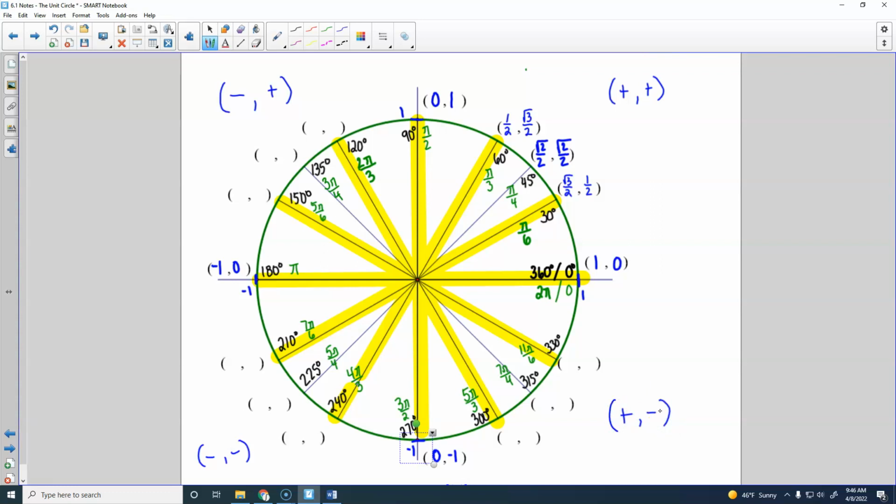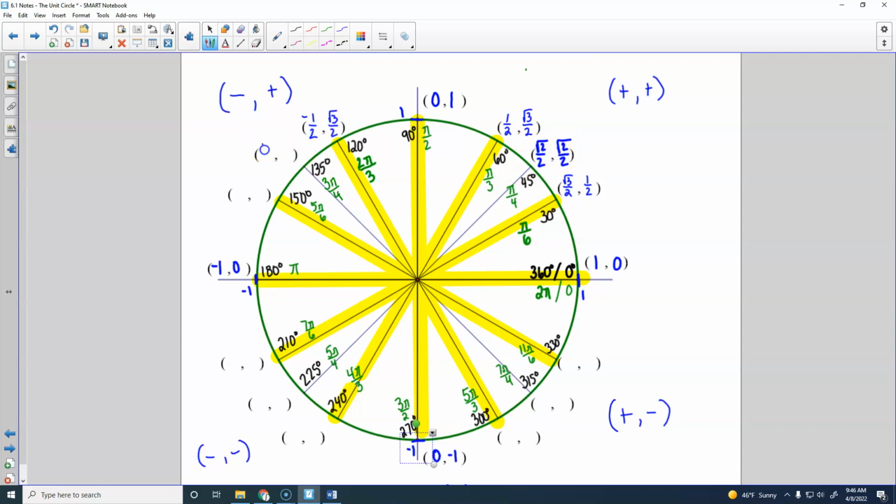So this is going to make it very simple for us to fill this in, because all we have to do is think about reflecting these points, right? And then changing the sign of the coordinate that needs to be changed. So this point right here, 1/2, square root of 3 over 2, it's going to go right here. But in the second quadrant, the x coordinate needs to be negative, so I'm going to make that 1/2 negative there.